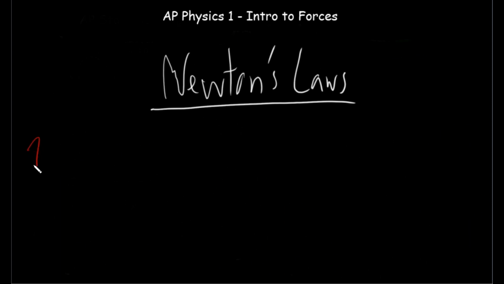So, law number one states that an object at rest stays at rest unless acted upon by an unbalanced external force. So what that means is that, say this box is not moving at all, it stays at velocity equals 0 unless it's acted upon by an external force.